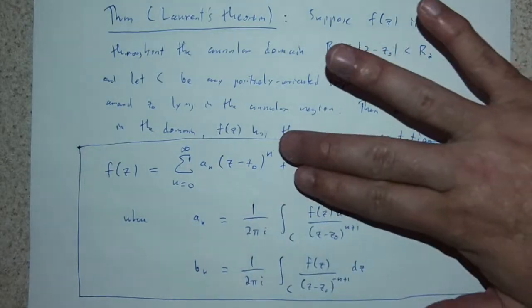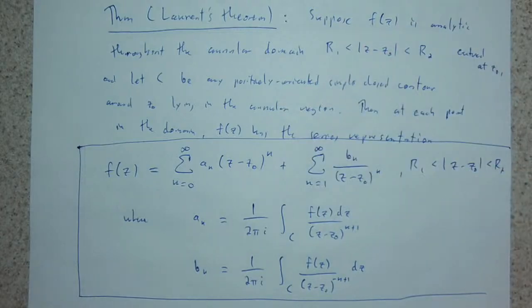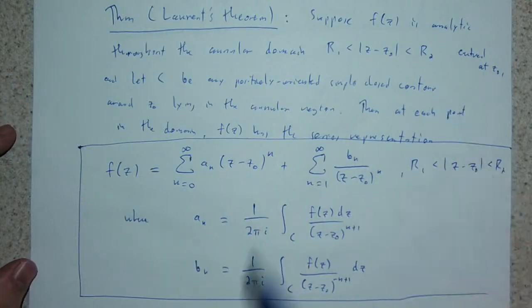It would be if this term didn't exist. But we have a series representation. Note I didn't say power series representation here, because this is not a power series. But we have a series representation for this analytic function on this annular domain that is of this form.